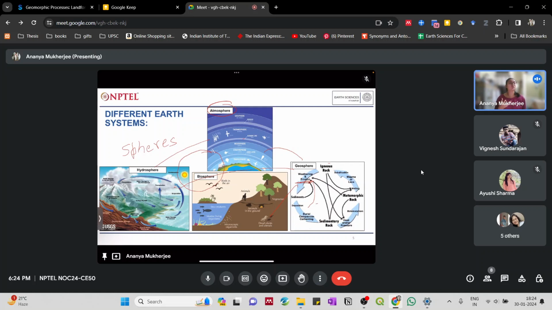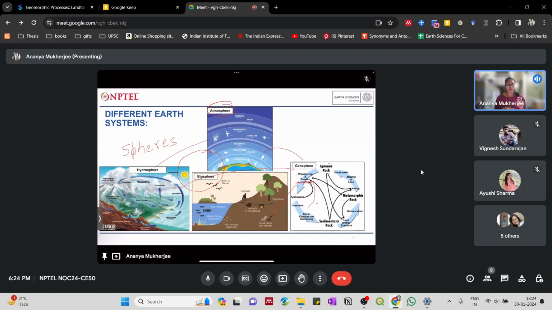Biosphere: now you know that some animals burrow, so they create burrows. That itself causes some disintegration of the earth material.